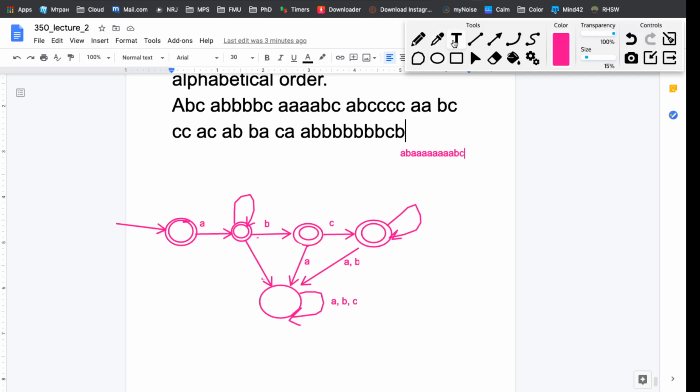Okay. Now let's think about this. ABC. For this state, if we go to the trap state on AB, what do we do on C, right? If we have ABC, on C we're just going to loop because we're still going to accept, right? Now, for this state, what should we do on B?